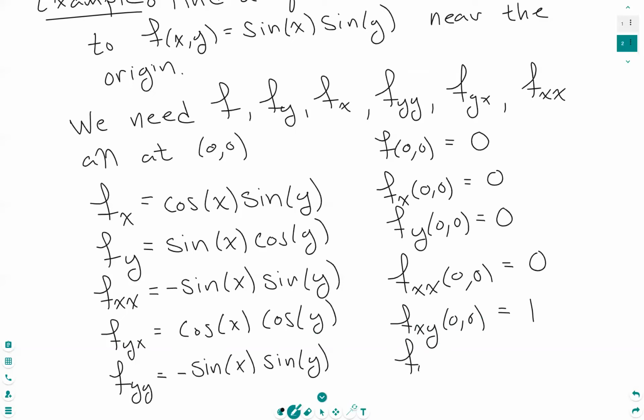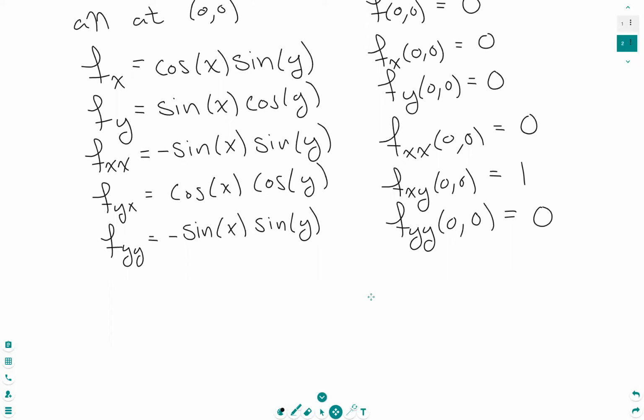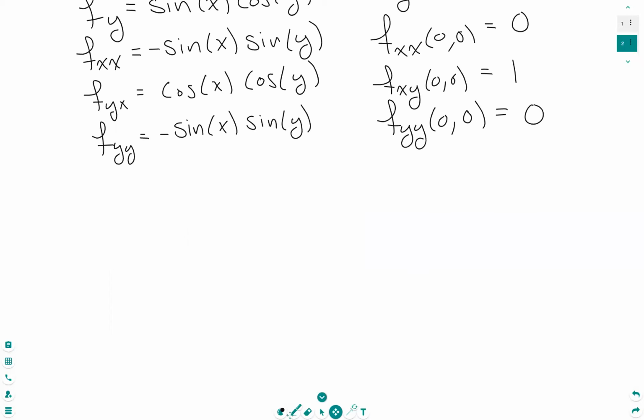And then finally, if we plug (0, 0) into our second derivative with respect to y, you guessed it, we still get 0. So there only looks like there's one non-zero term, this mixed term, f_xy. Okay.